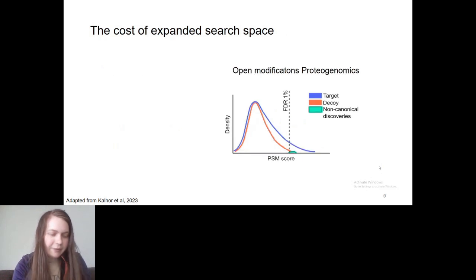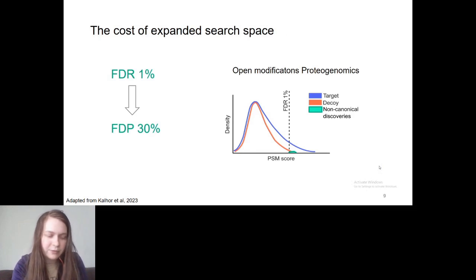In the extreme scenario, when we combine proteogenomics and open search, there are even smaller groups like non-canonical peptides with rare modifications. And whilst FDR is underestimated, what is thought to be under 1% FDR can actually correspond to 30%.